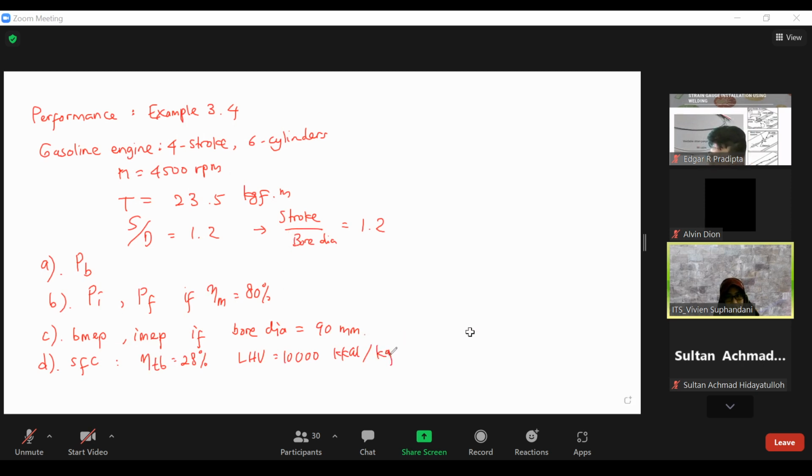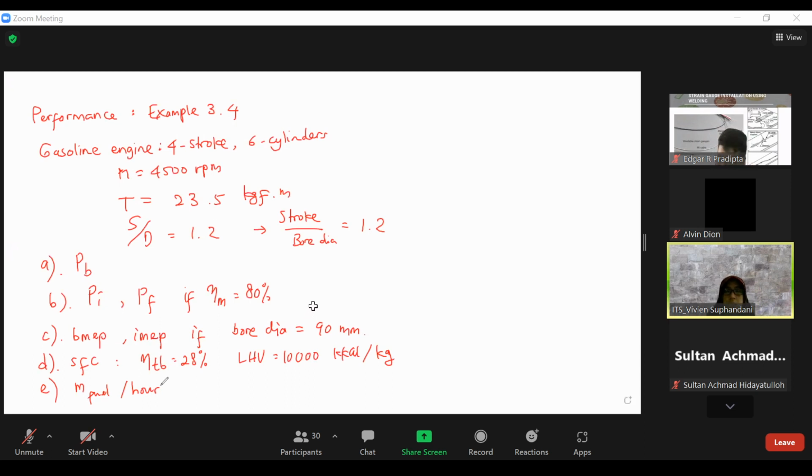And E is the amount of fuel per hour, m fuel per hour. So this is the question. How do we answer this?